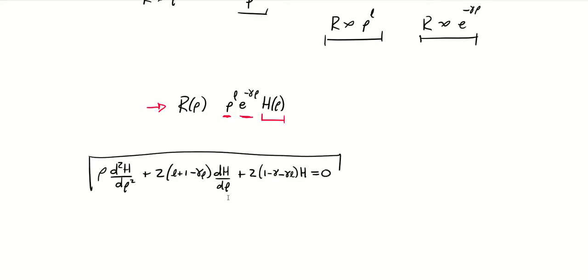And we now have the differential equation that we're going to solve for this h function. Then that'll give us our full radial wave function.